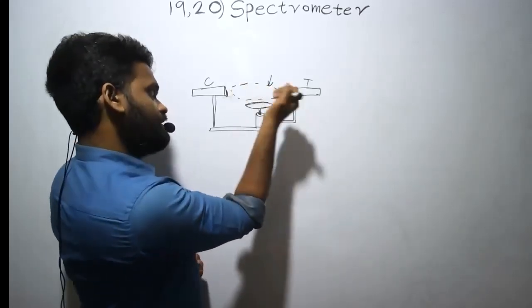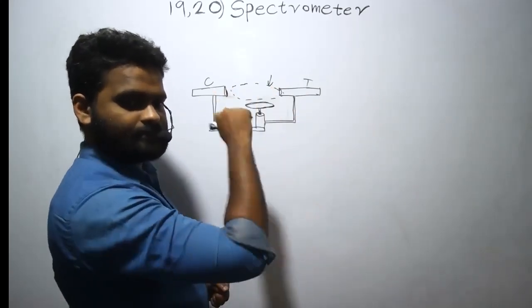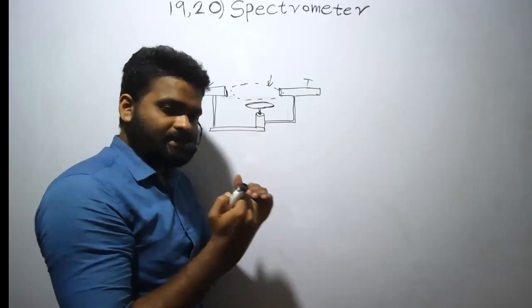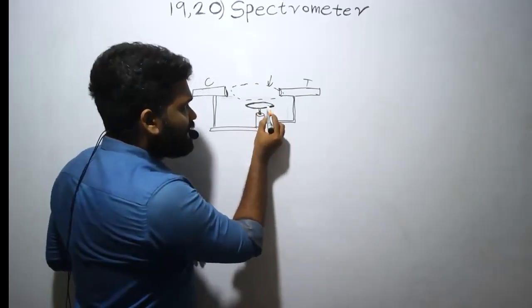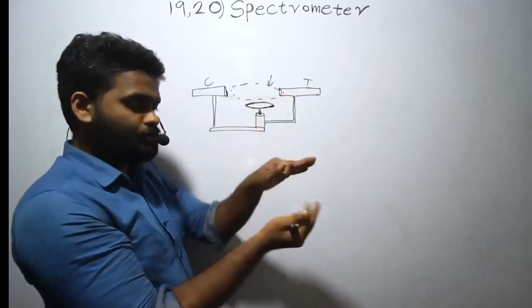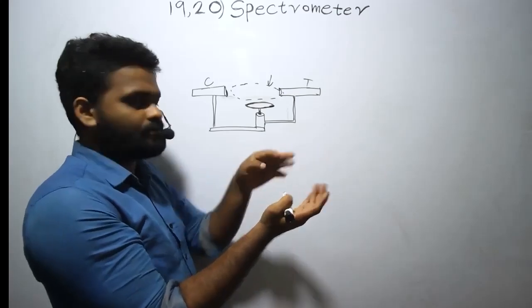But that is the plane that the telescope rotates in, like this. Once you level the prism table, it and the rotational plane of telescope should be parallel. That's the requirement, right?